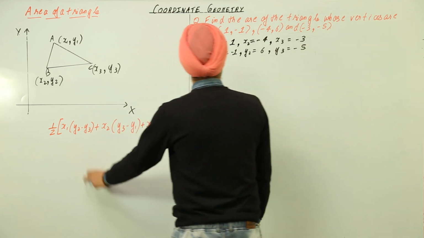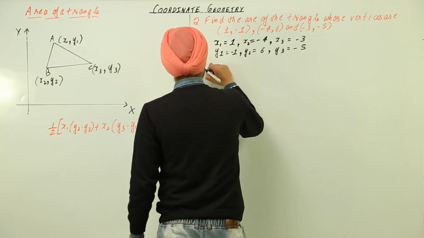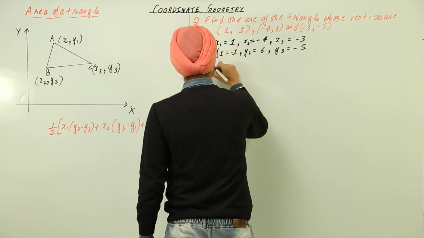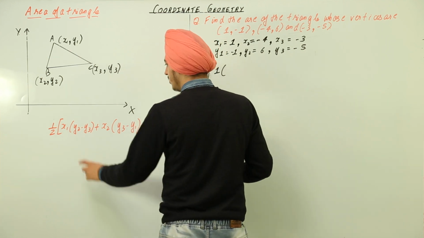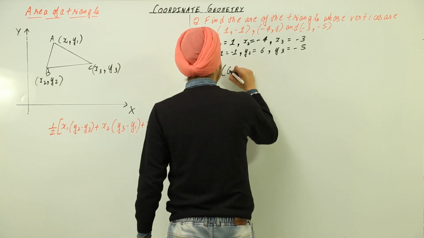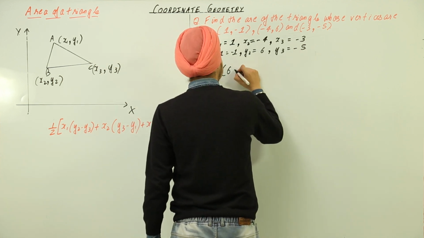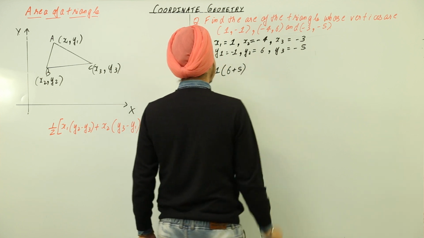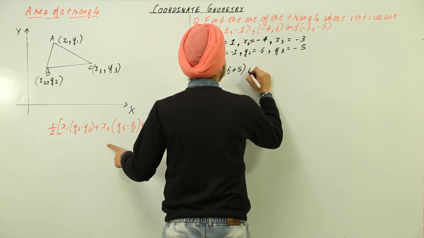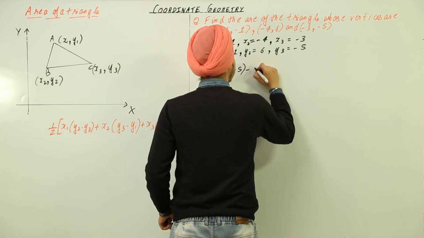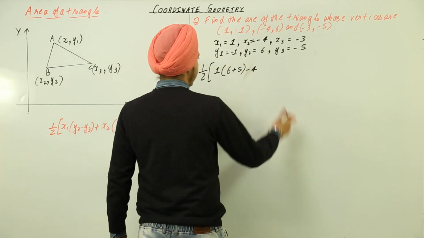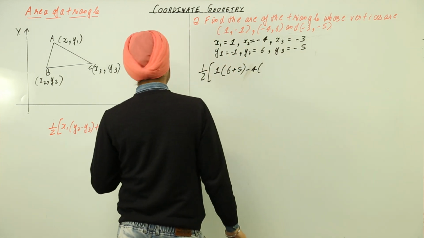So this is the formula. The area is equal to half into x1, that is equal to 1, into y2 minus y3. y2 is 6 minus y3, minus of minus 5 is plus 5, correct? So we have plus x2, which is -4, into y3 minus y1.